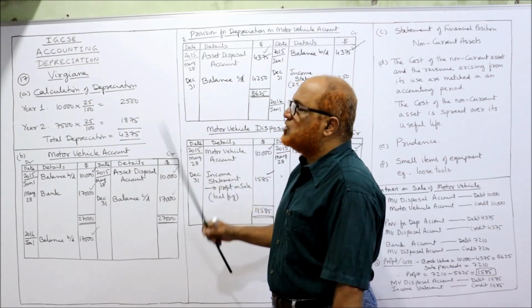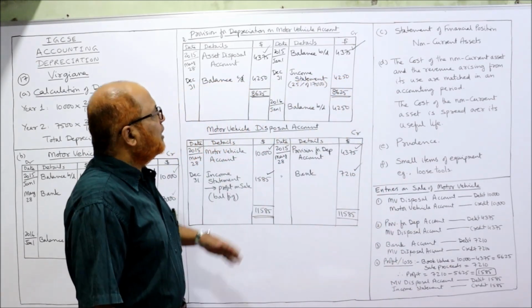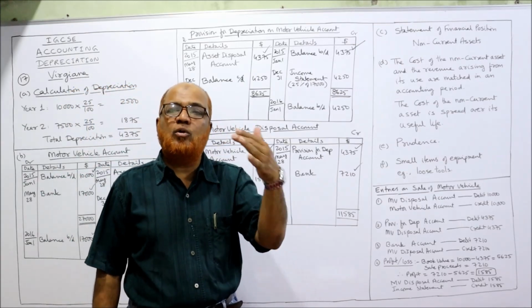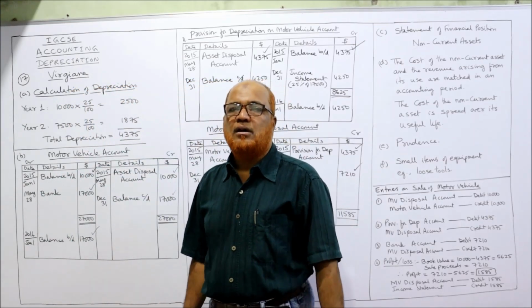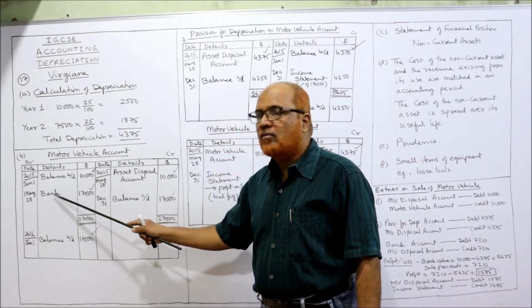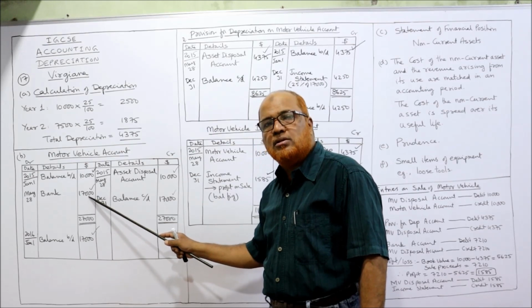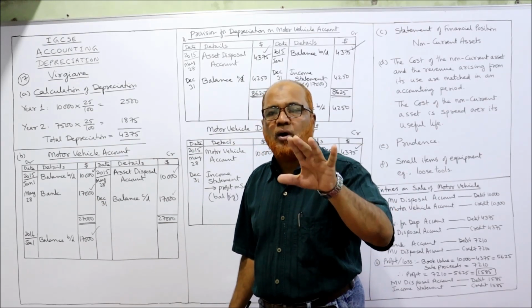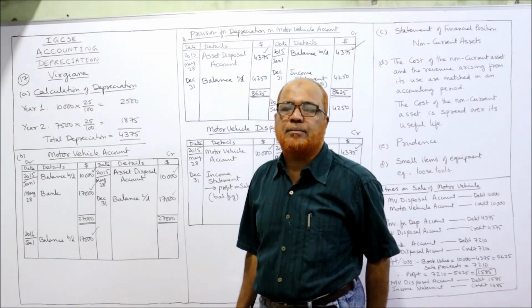Now we'll come to the provision for depreciation account. In provision for depreciation account, we have to provide the depreciation for the new motor vehicle purchased. During the current year 2015, another motor vehicle was purchased for 17,000 and full year's depreciation should be provided on any asset purchased during the year.